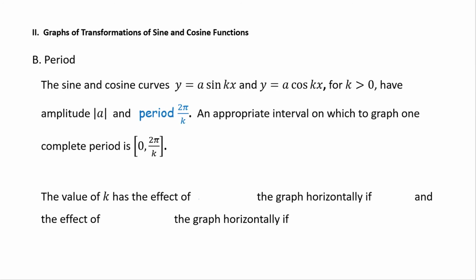An appropriate interval on which to graph one complete period is bracket 0, comma 2 pi over k bracket. The value of k has the effect of shrinking the graph horizontally if k is greater than 1, and the effect of stretching the graph horizontally if k is less than 1.